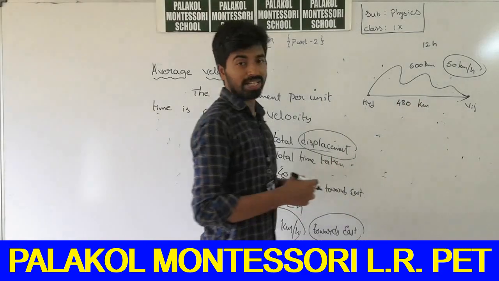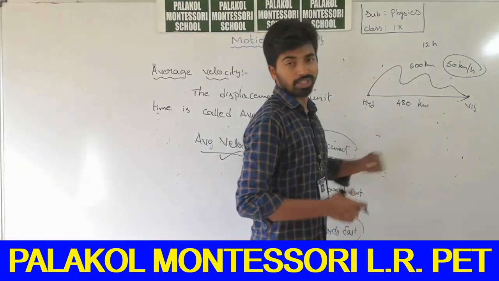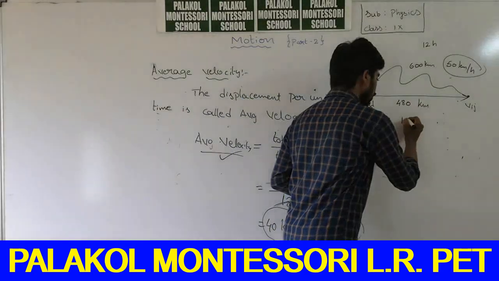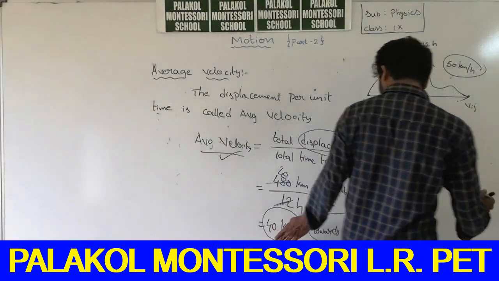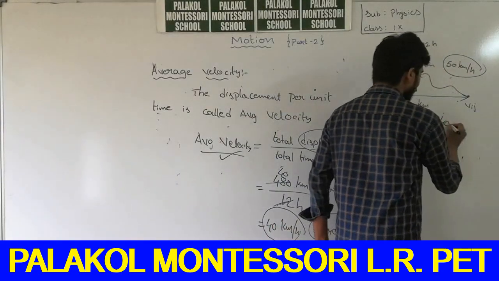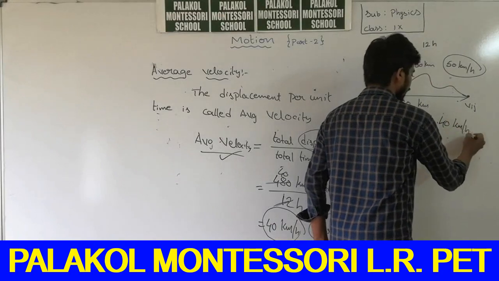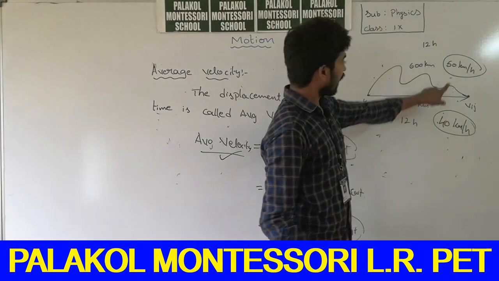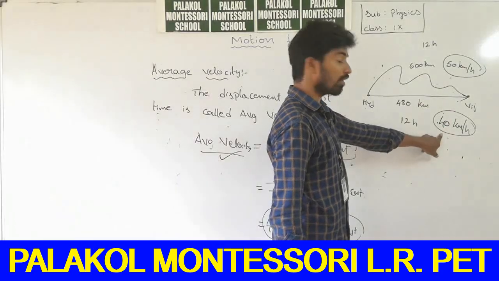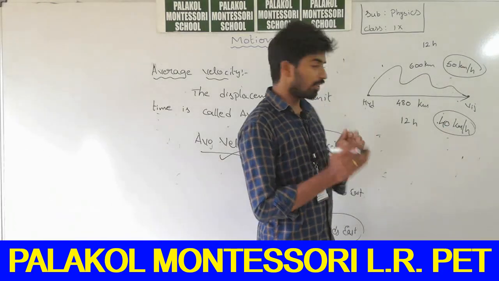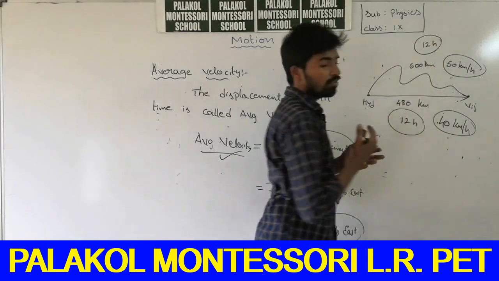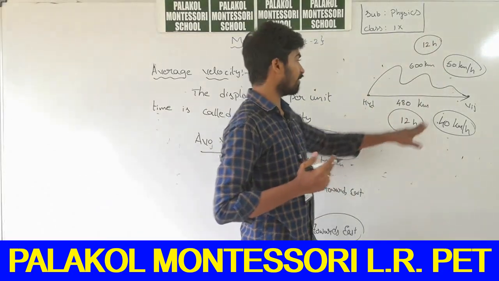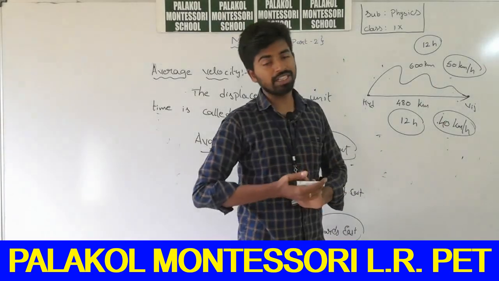In order to displace 480 kilometers, you have taken 12 hours. Then what is your average velocity? 40 kilometers per hour. This average speed and average velocity give information for a particular period of time. In 12 hours, you travelled with an average speed of 50 kilometers per hour.